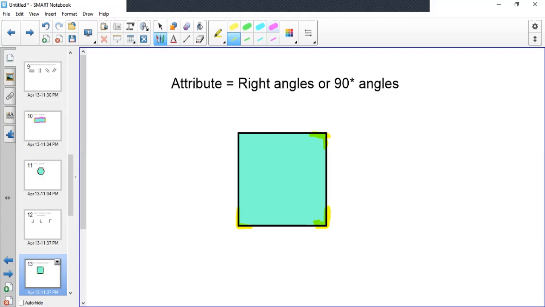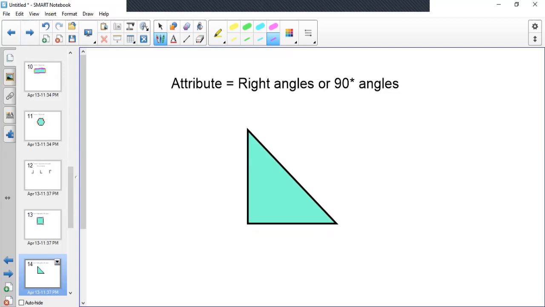Let me see if I can change that color. And here's another 90-degree angle. So this square has a total of 4 right angles or 90-degree angles. Excellent job, scholars.